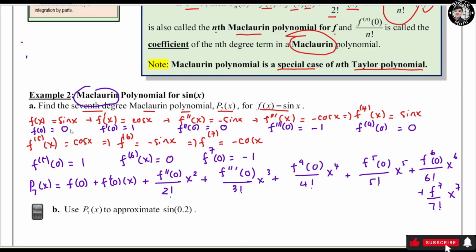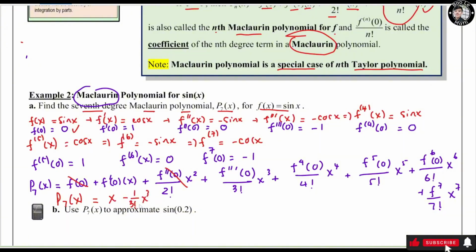F of 0 equals 0 right here. F prime of 0 equals 1, so we have P7 of s equals s. F double prime of 0 equals 0, so this one is gone, and this one is gone. F triple prime of 0 equals negative 1, so we have negative 1 over 3 factorial s cubed.